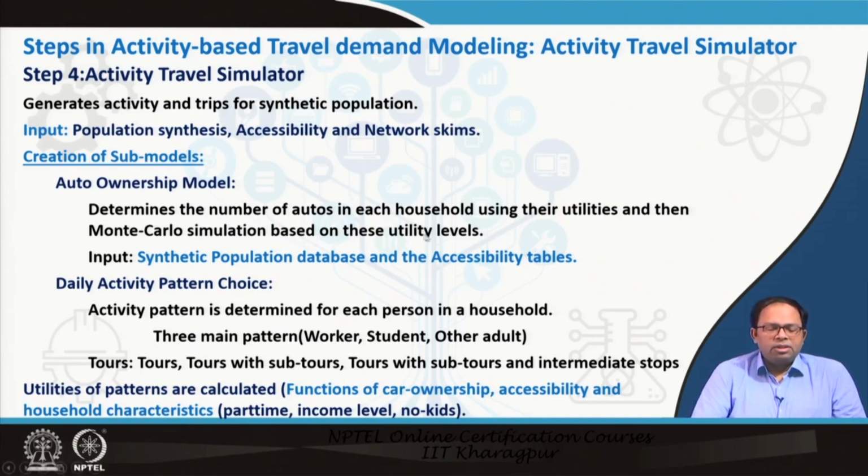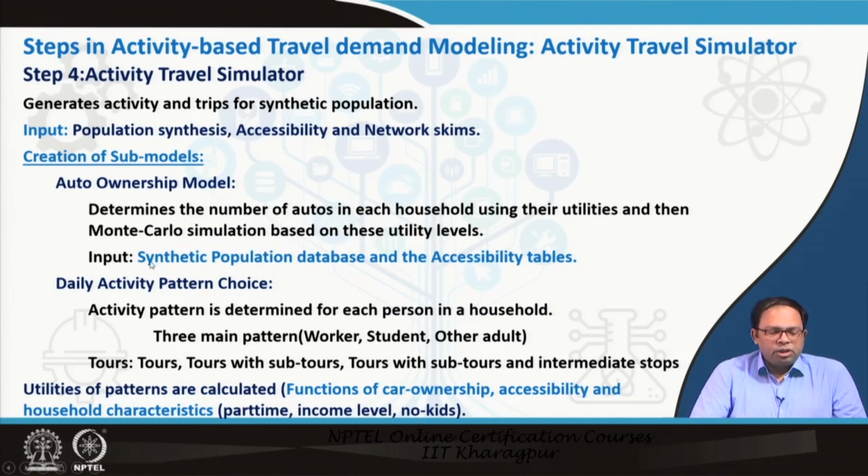We pick a random number and match it with the cumulative probability that we estimate using the utilities, and we see which group it belongs to. That choice is assigned to this particular household, and accordingly that many vehicles are assigned to it.